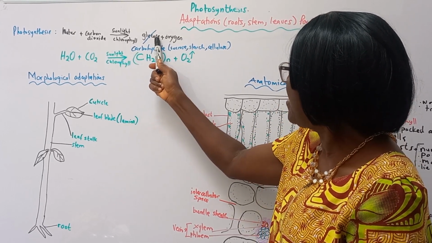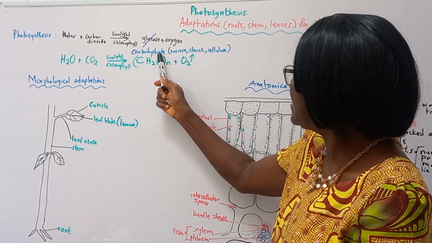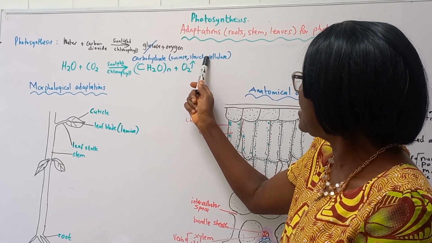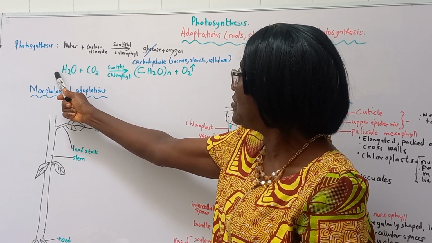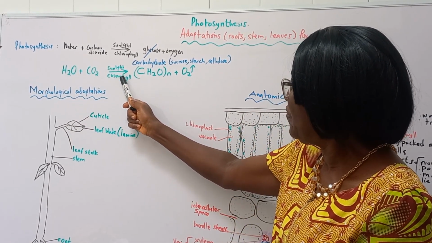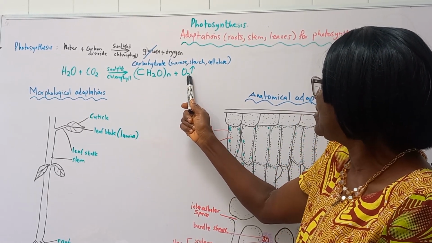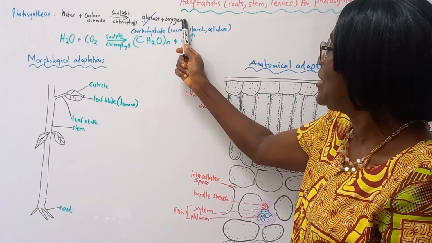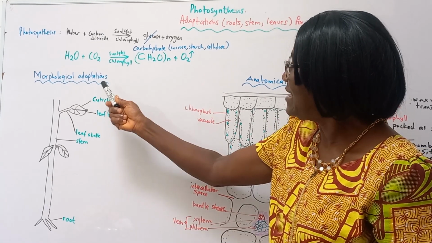Because the glucose is easily converted into carbohydrates, and among the carbohydrates we have sucrose, starch, cellulose, the really good equation for photosynthesis is this one: water, carbon dioxide, chlorophyll in the presence of sunlight produces carbohydrates and oxygen given off. So what about the balanced equation for photosynthesis, which is glucose? Here it is.